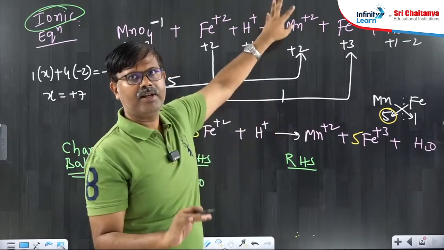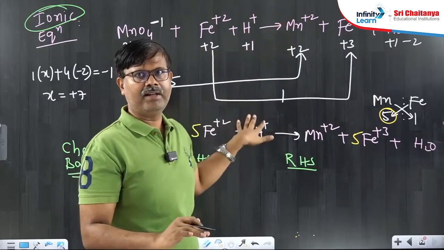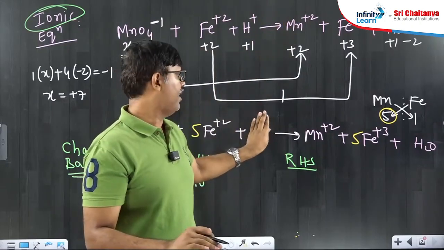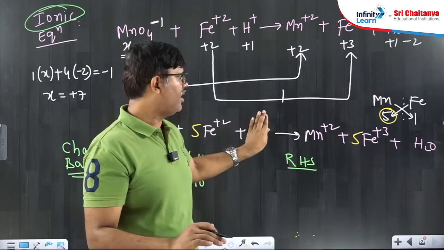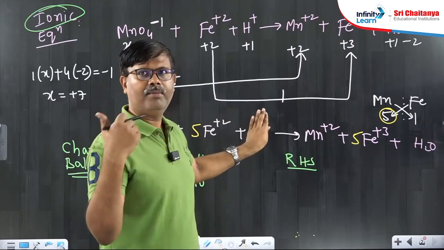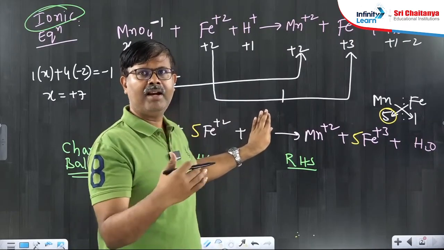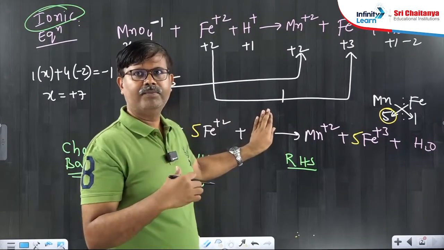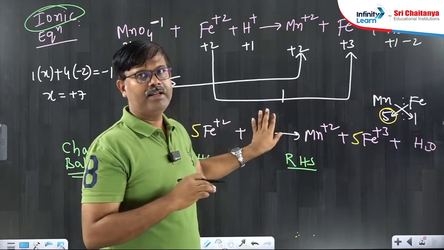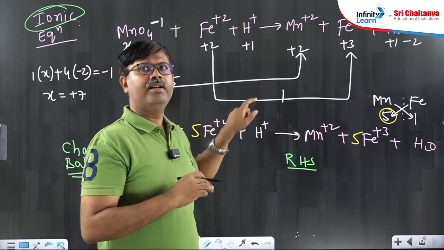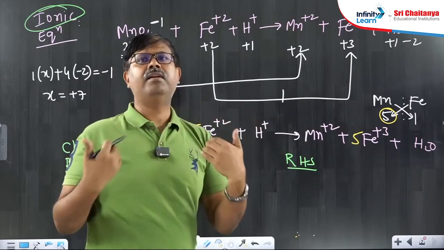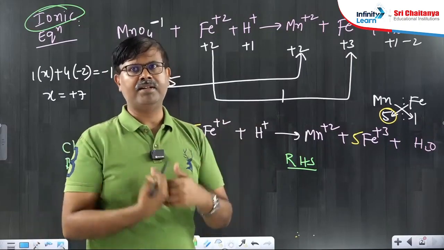H plus we have not taken into account in any of the calculations. The numbers fixed are those before the manganese items and the iron items. So focus there only. Using this H plus we will finally balance the charges.